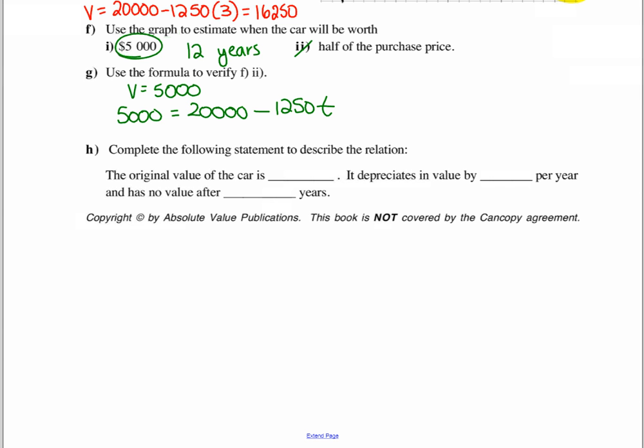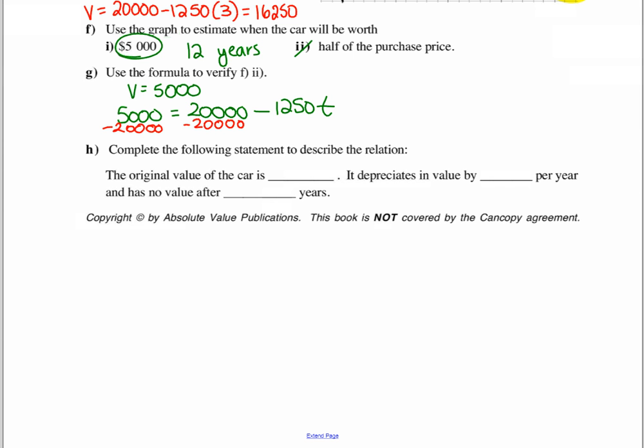I have to isolate what variable? Well, the only variable, t. So first step, minus 20,000, because there's no t over here.